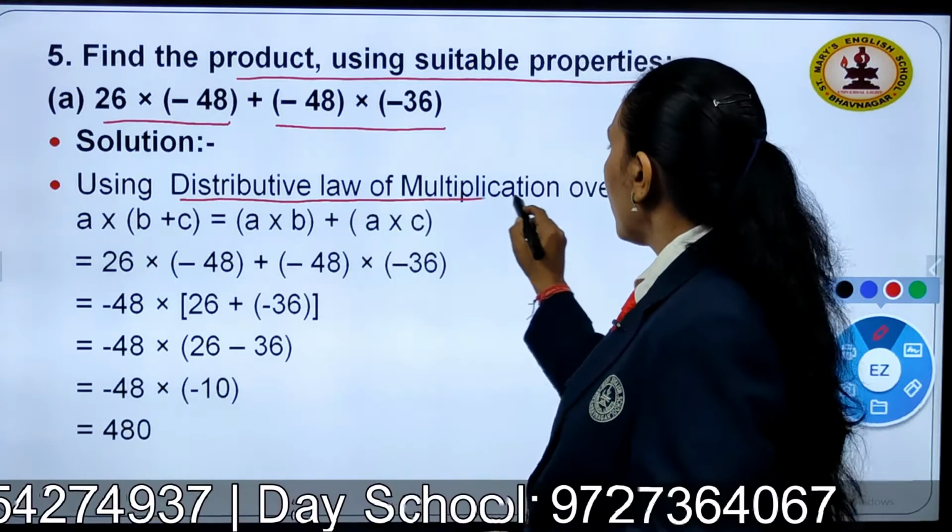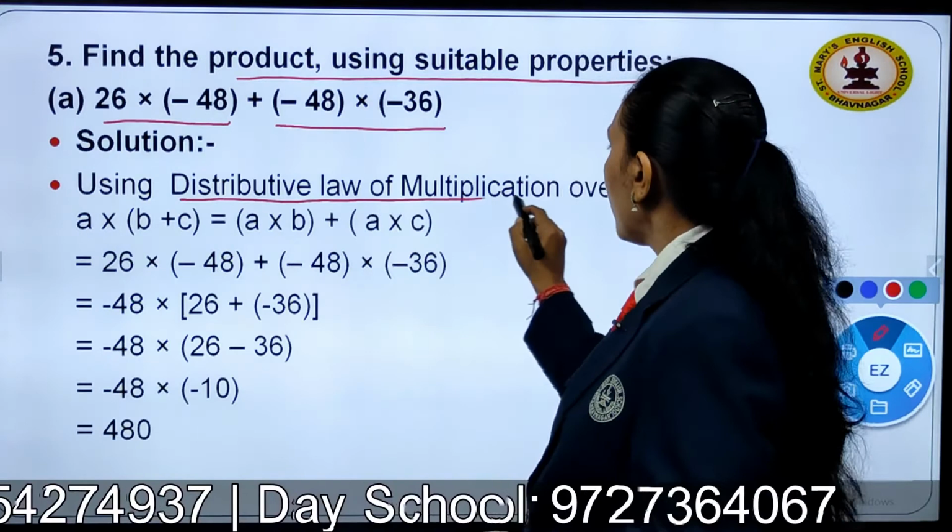Now solving the bracket, minus 35 plus minus 65 will give me minus 100. Now multiplying minus 100 to 625, children, I will get my final product as minus 62,500.